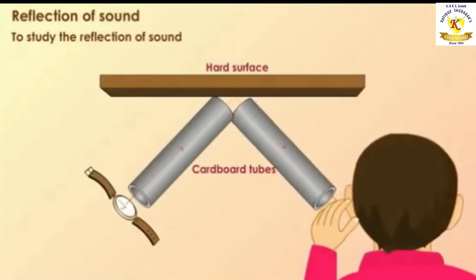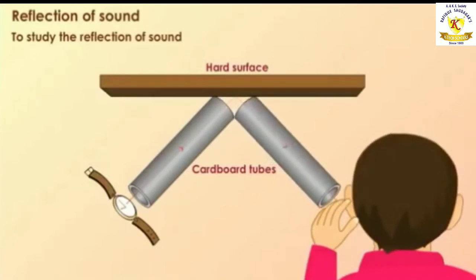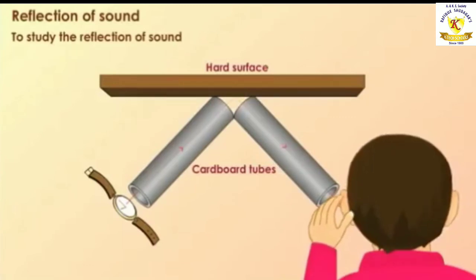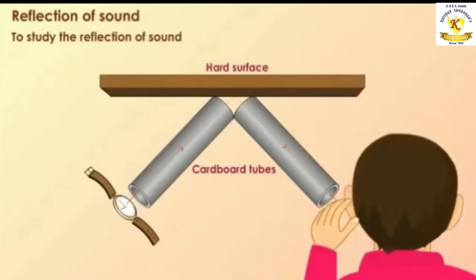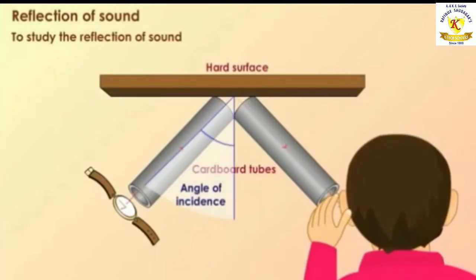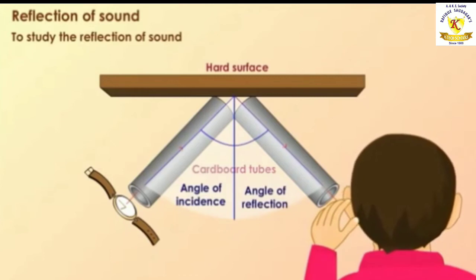Adjust the position of the second tube till you hear the tick-tick of the watch clearly. You will find that maximum sound is heard when the angle of incidence and the angle of reflection are equal. Understood, children?